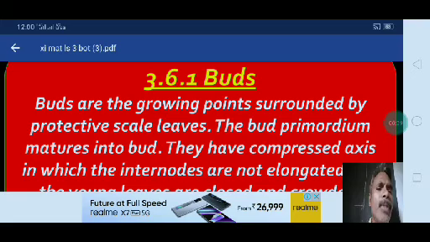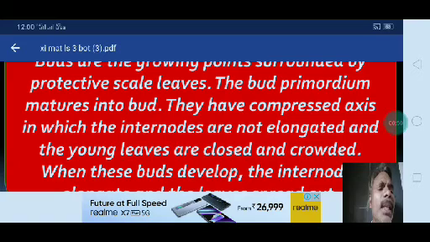The bud primordium develops or matures into a bud. Buds have a compressed axis in which the internodes are not elongated, and the young leaves are closed and crowded.